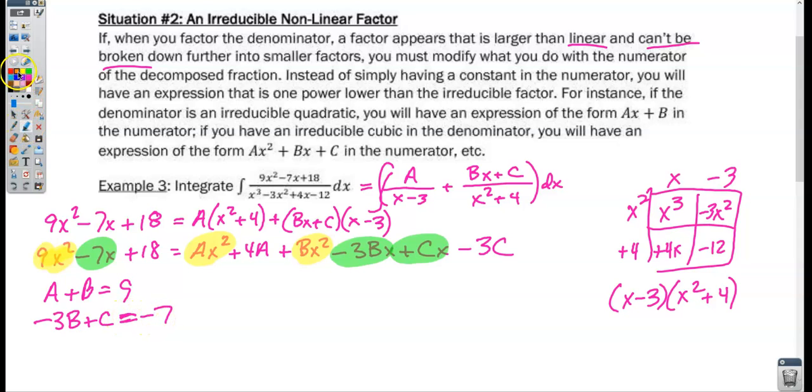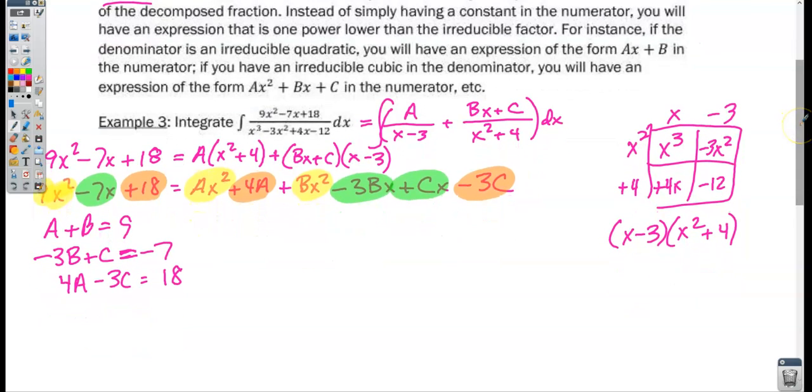And then I do my numbers. 4a minus 3c equals 18. So now what we have is a system of equations in 3 variables, but each of the equations is missing one of the variables, and a different one in each case.